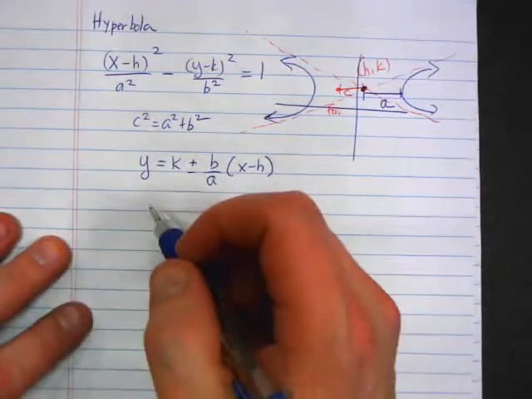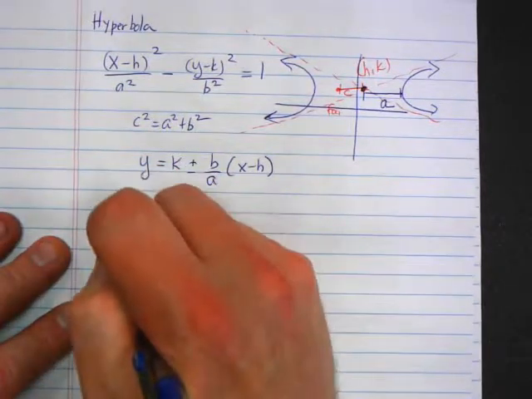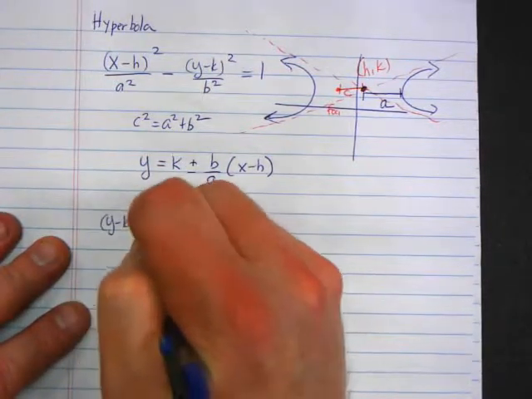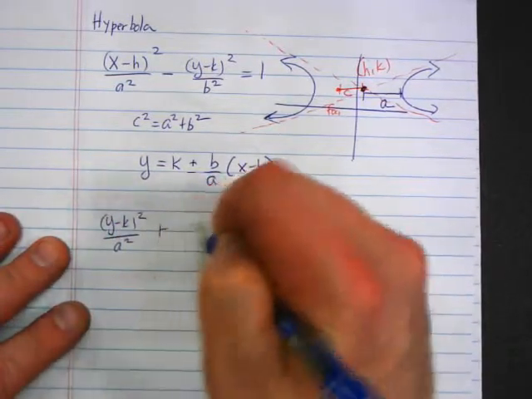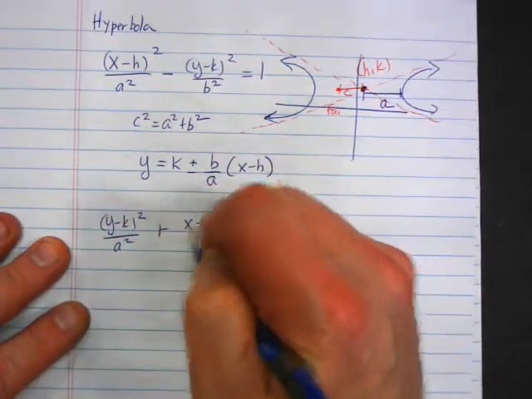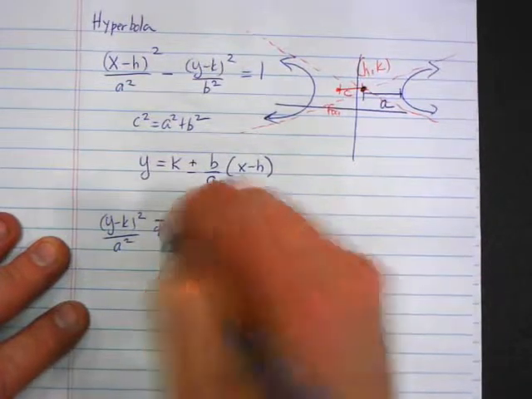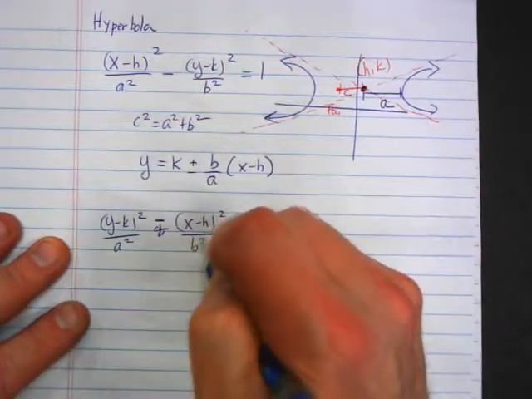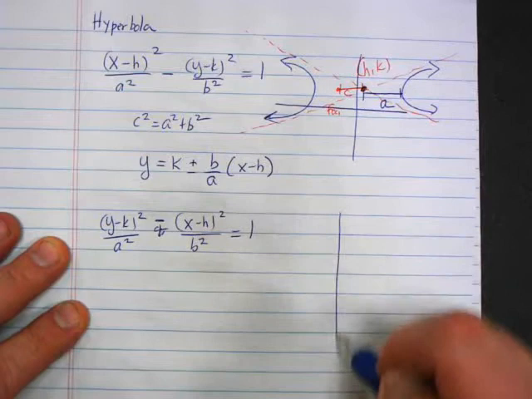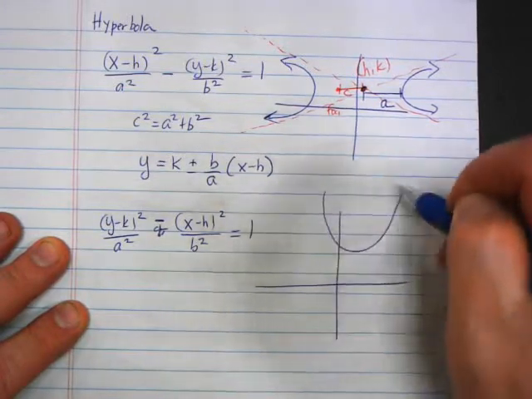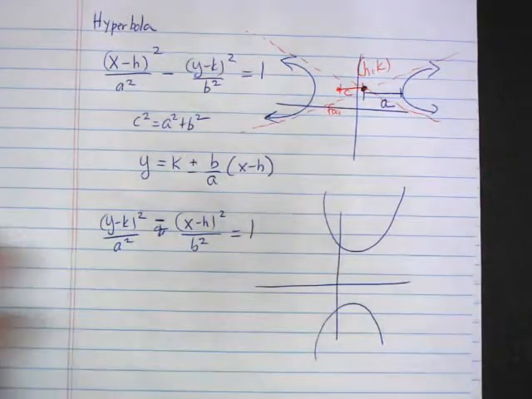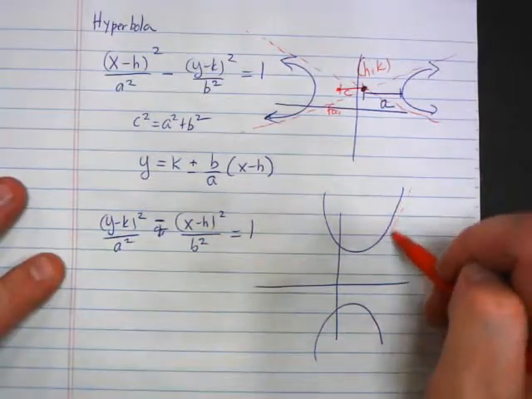The other possibility, of course, is you could have y minus k squared over a squared minus x minus h squared over b squared equals 1. And these will open up and down.